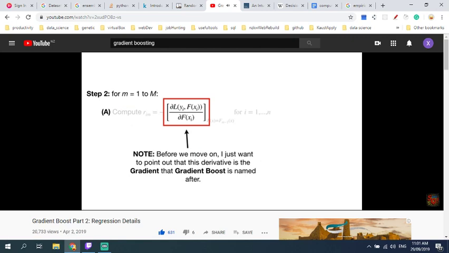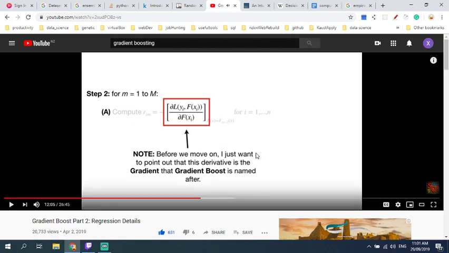Note, before we move on, I just want to point out that this derivative is the gradient that gradient boost is named after.